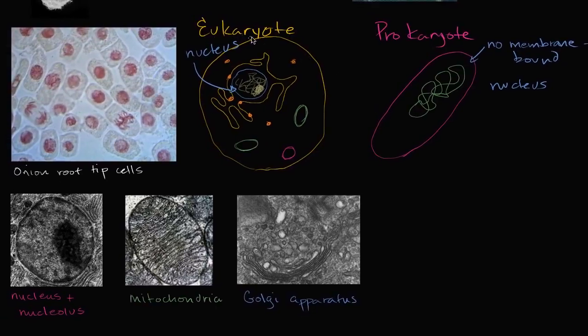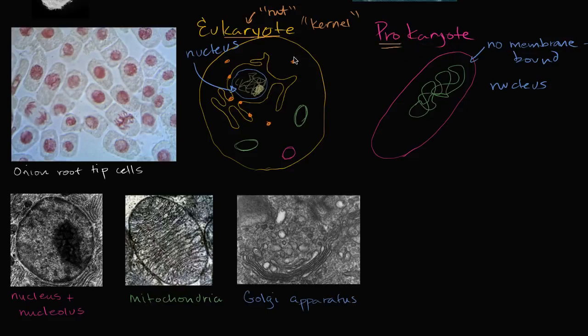In fact, the word eukaryote, the karyote part, comes from the Greek for nut or kernel. So let me make this clear. So this is referring to a nut, or a kernel, while prokaryote means before the nut or kernel.